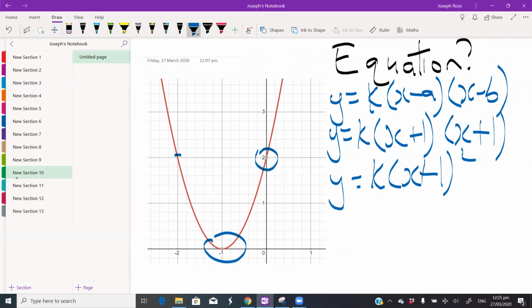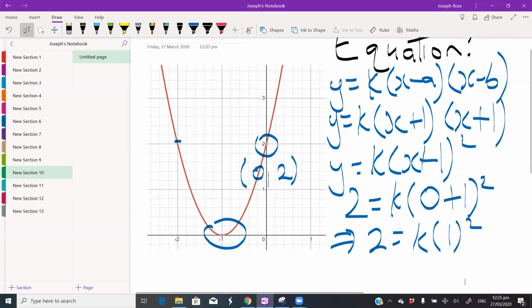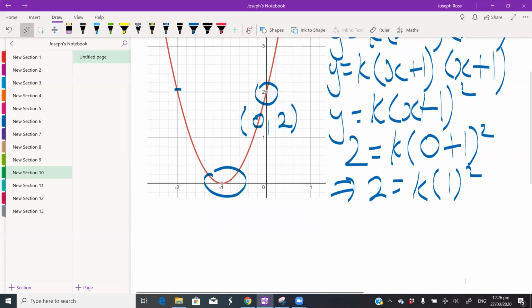So x is 0, y is 2, and if we substitute that into our equation, we've got 2 equals k multiplied by (0 plus 1) squared. So therefore, we've got 2 equals k multiplied by 1 squared, and 1 squared is 1.